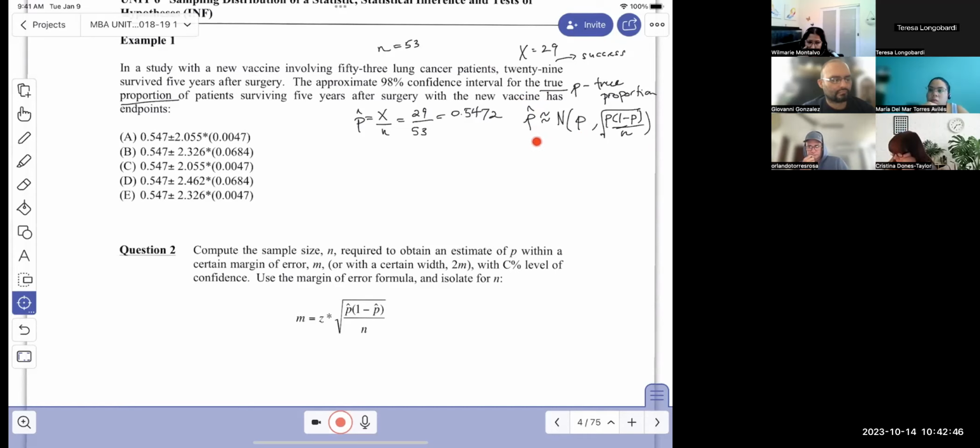Because what we have here is just one sample, but that sample comes from a distribution of p hats. It's normally distributed. If I made a histogram of all the possible samples that I could calculate p hat from, it would have a normal distribution and it will be centered at p and would have a standard deviation of the square root of p(1 minus p)/n. So the one that we got actually is just one of the whole distribution.